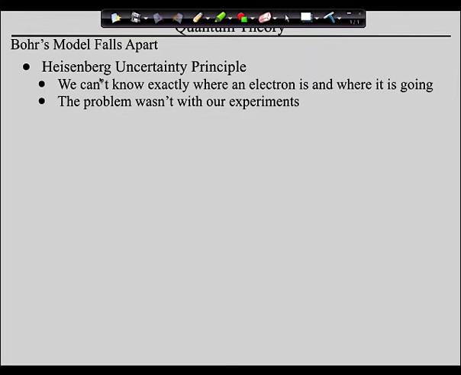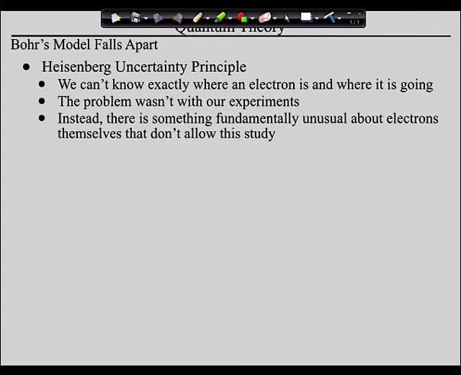And guys, this is where this gets crazy. See, it turns out that there is something fundamentally unusual about electrons that doesn't allow you to study them in such a way that you can figure out where they are and where they're going. By the way, guys, you already know what that thing is.